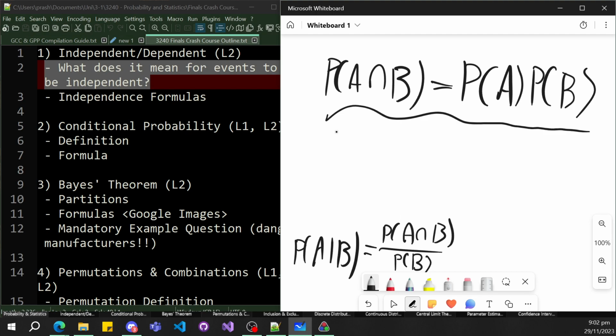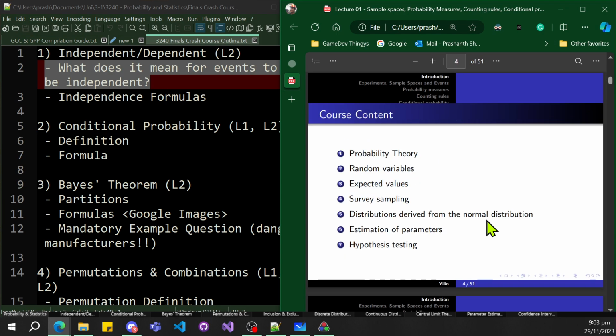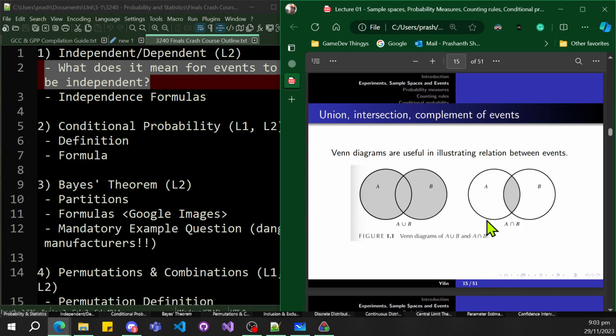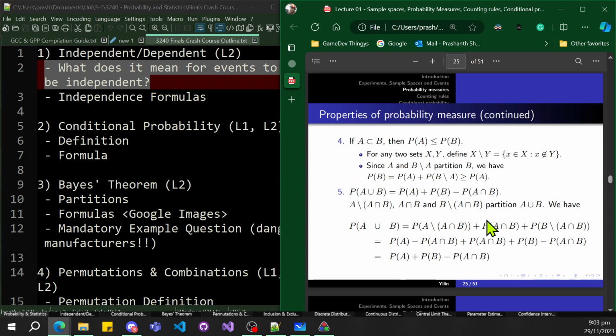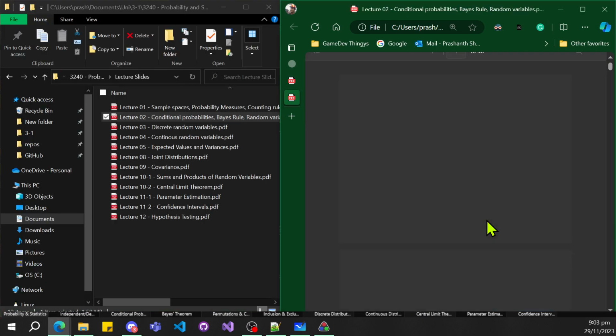If you sub this in here, they've got PB, it should be this. I will double check. Where are the slides? Maybe it's not this one, it is this one.